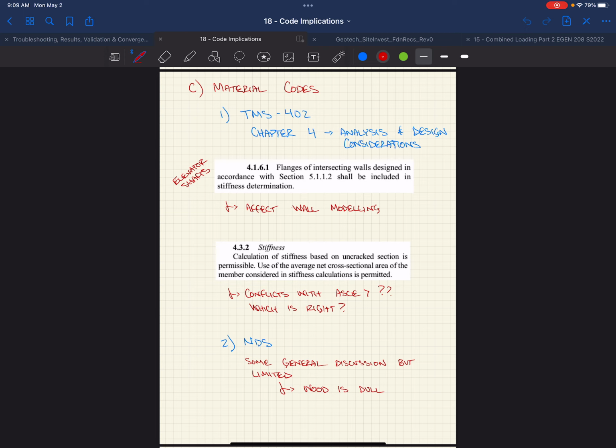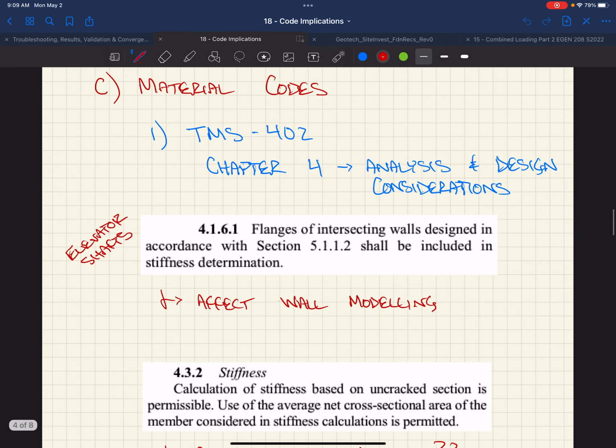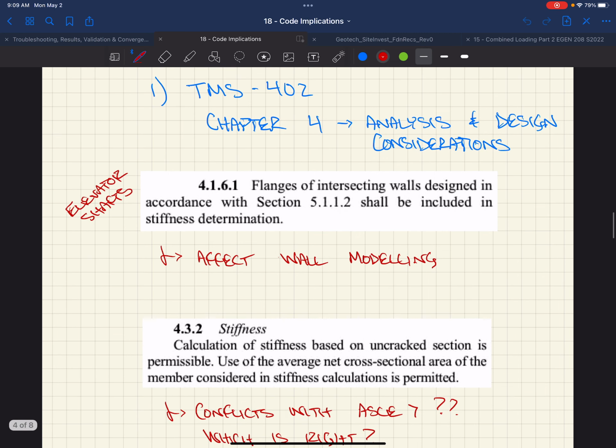Okay. So we were on TMS, right, the Masonry Code. And as I mentioned, a couple of the big things with this code is the fact that they say you have to incorporate intersecting walls. So a lot of times when you're using masonry, you're using it as a lateral system for shear walls. Okay? The Bobcat Athletic Complex has a bunch of these masonry shear walls in it.